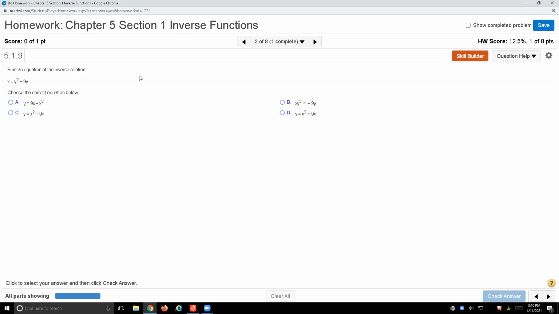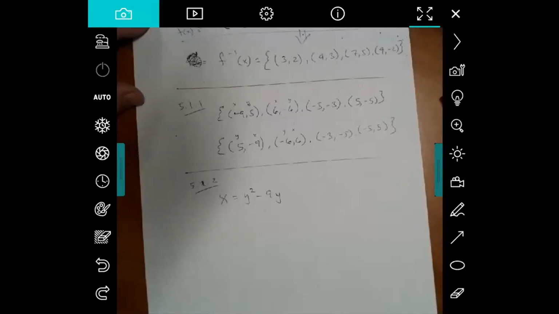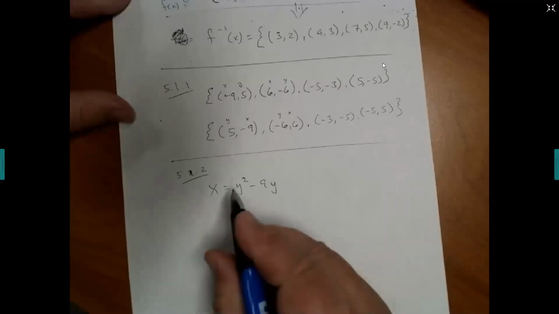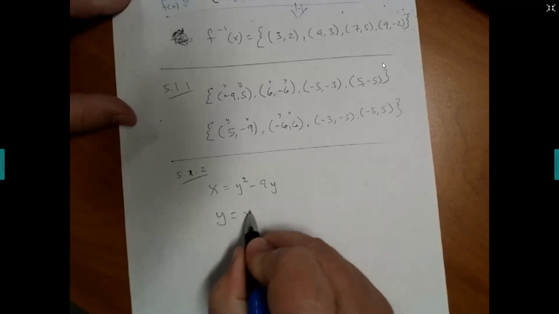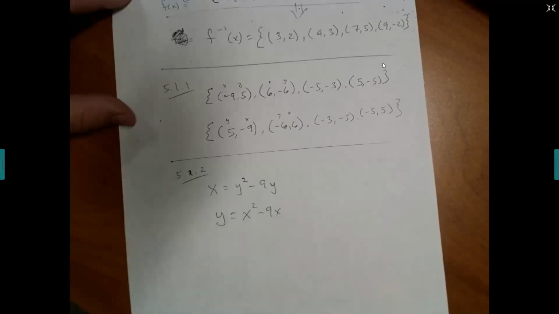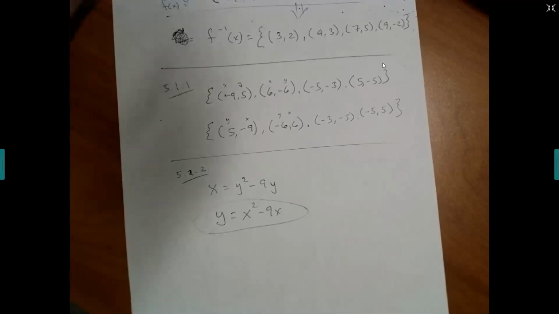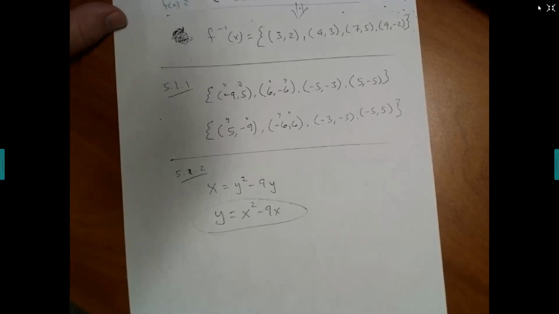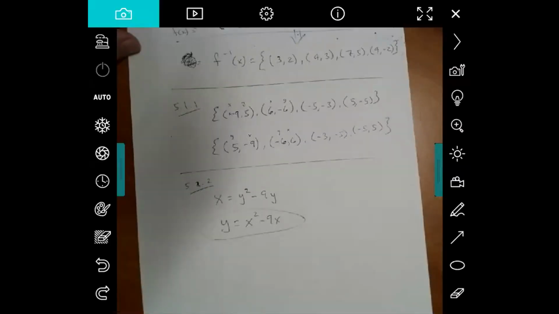Remember, how do you find the inverse? Yeah, so first thing you have to do is swap x and y. That's the answer. There's your answer. Just swap x and y. So it's x equals y... x squared minus 9x.